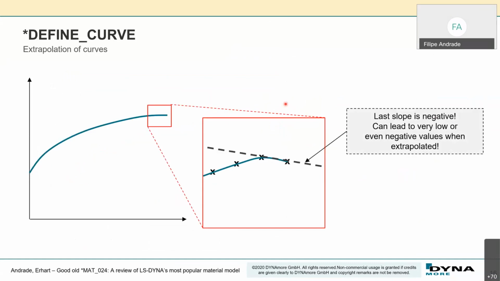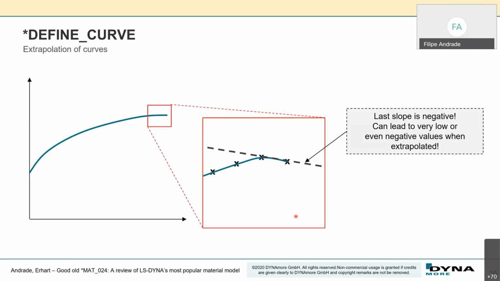Only those two, for instance. Because it gives you a last slope which is negative, LS-DYNA will extrapolate linearly, and you might just go down here, and depending on the position of those points, you can even suddenly get values which are quite close to 0, or even 0 or negative.